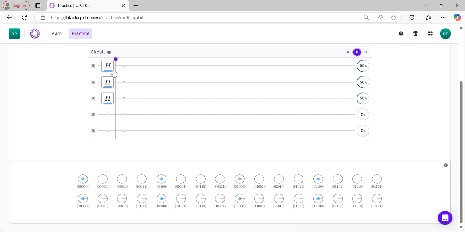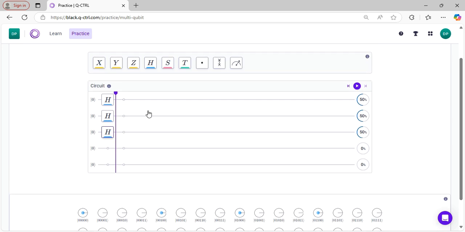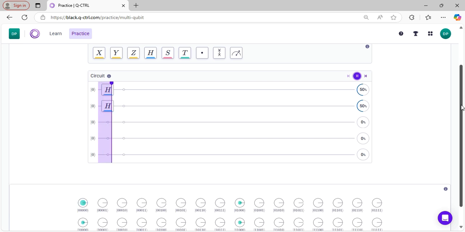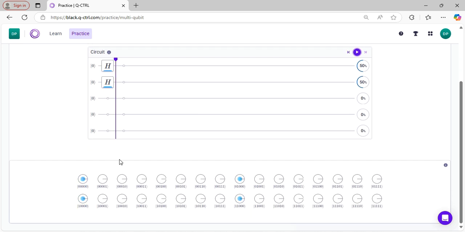That's a quantum computer with only 8 states. Let's take another Hadamard gate away, and let's play it. Now this is 2 qubits with 2 Hadamard gates, 1 on each. Now this quantum computer is only in 1, 2, 3, 4 states.